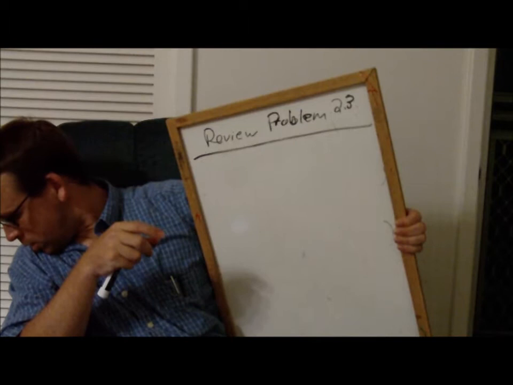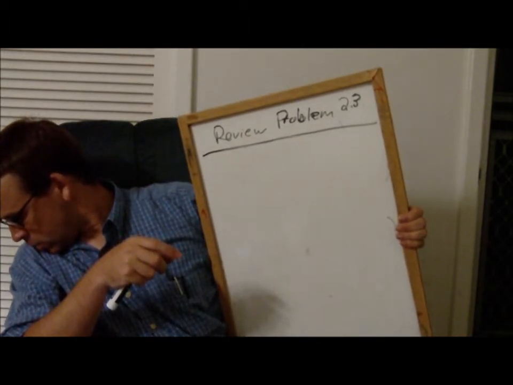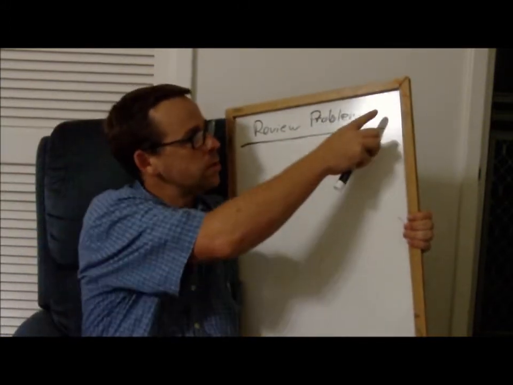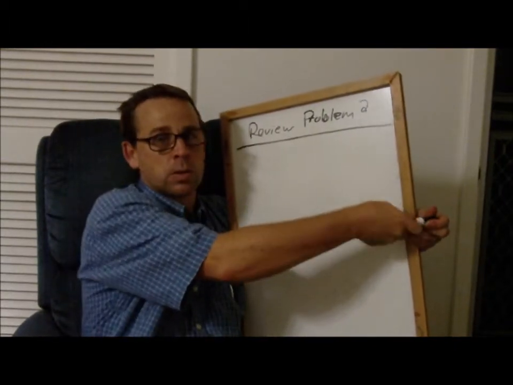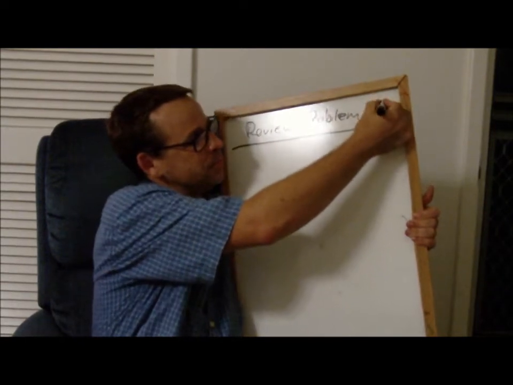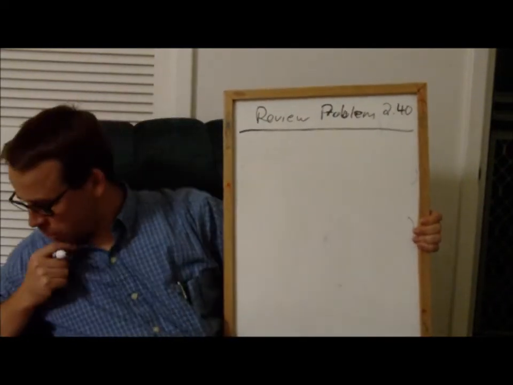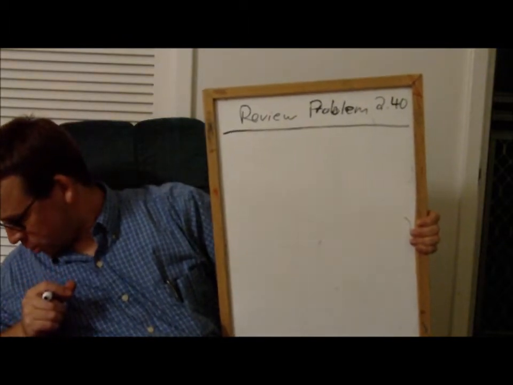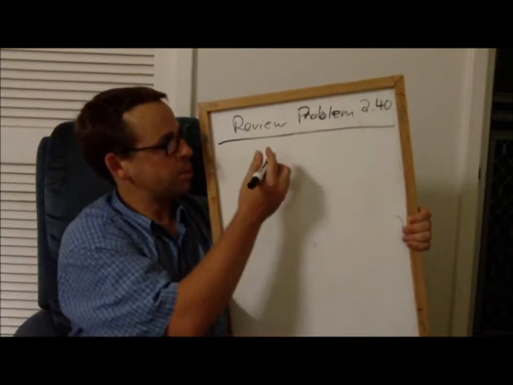Okay, now we go on to 240. Perform the following conversions. 32.0 decimeters per second to kilometers per hour.